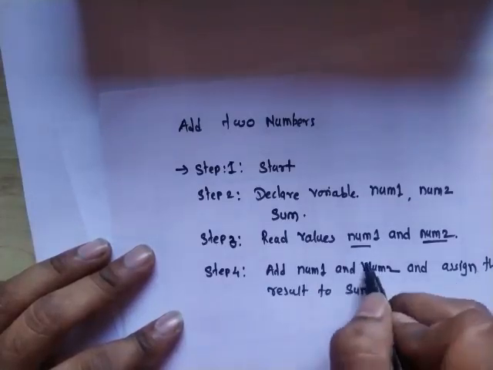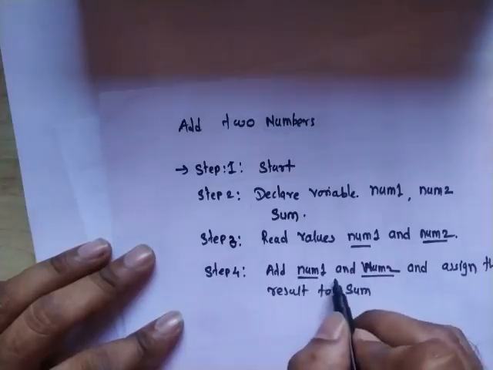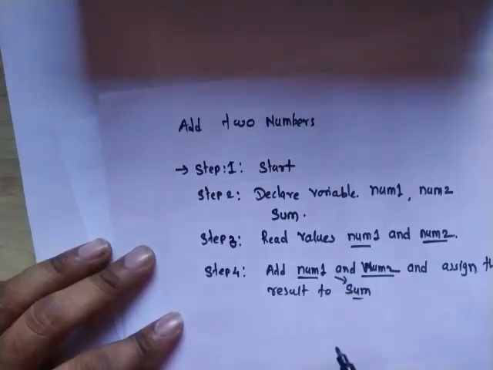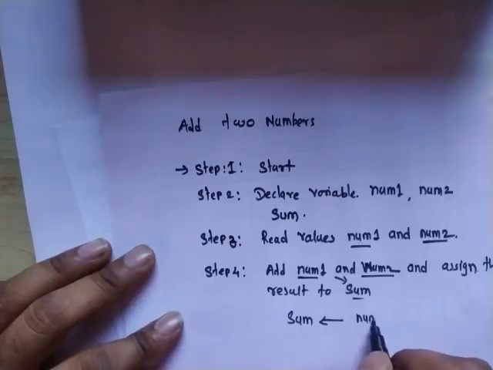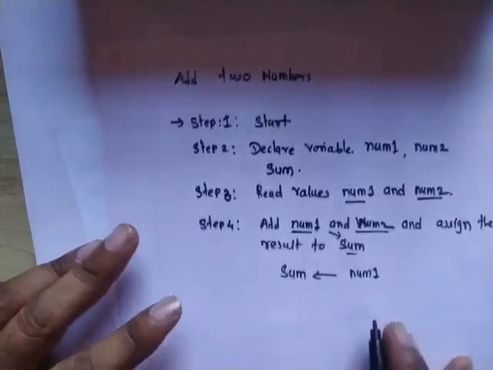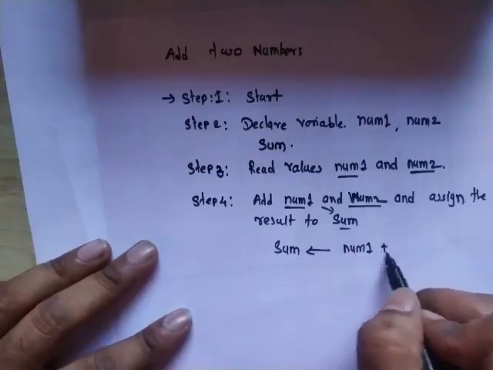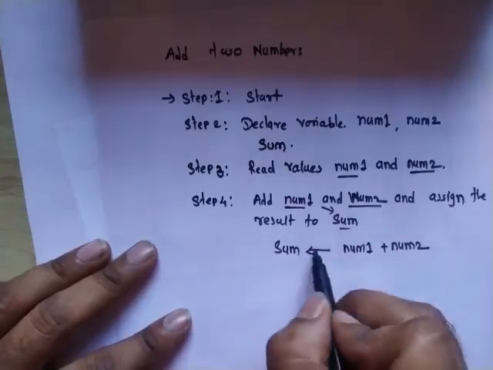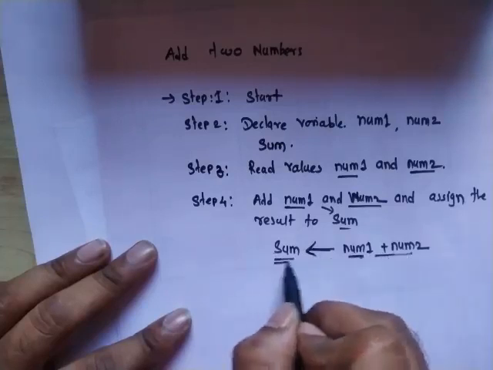Like sum is equal to num1 plus num2. So here we are assigning the addition of these two numbers to the variable sum.